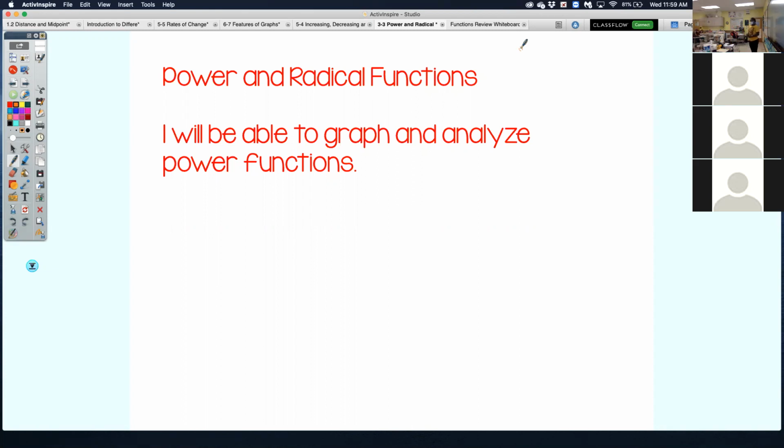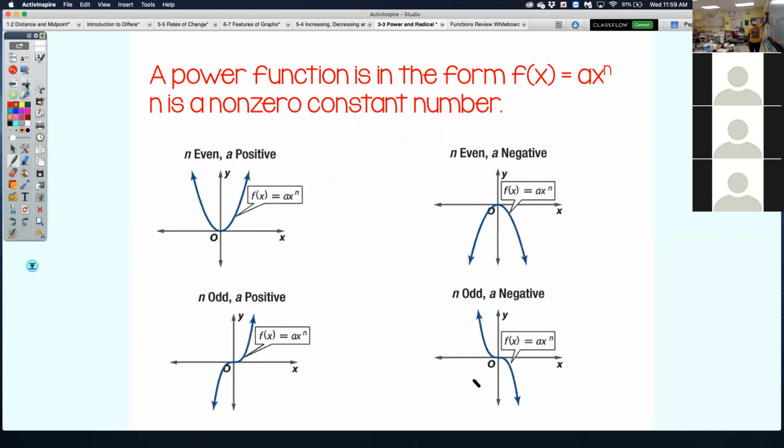And power functions are functions in the form f of x equals a x to the n power, where n is a non-zero constant number. So power functions are things like 3x squared or negative 1/5 x to the third, okay?